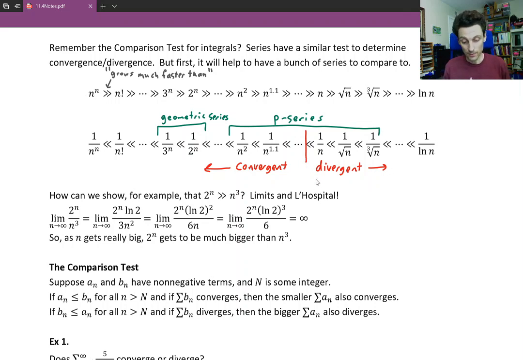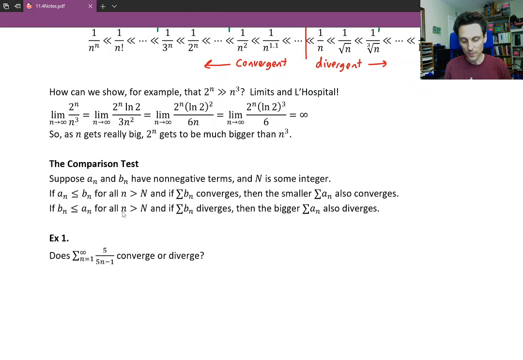Now, if we know, for example, that all of these series converge, then it gives us a whole set of series that we can compare other series to using the comparison test. So the comparison test for series works almost identically to the comparison test for integrals.